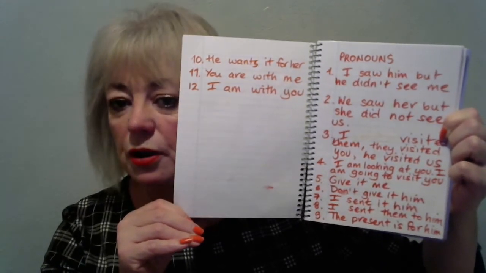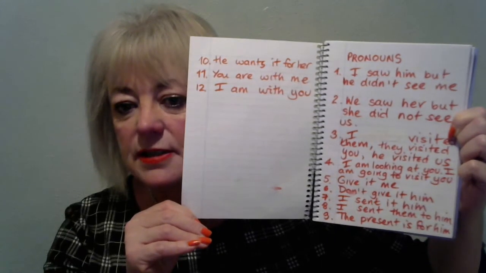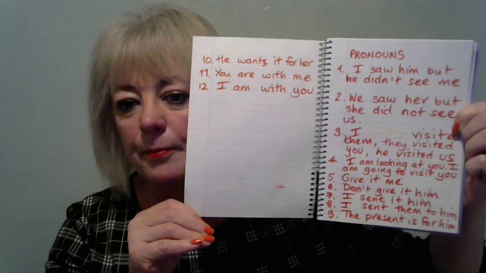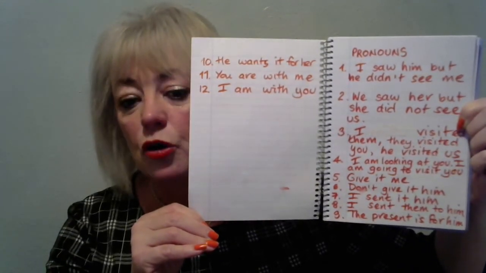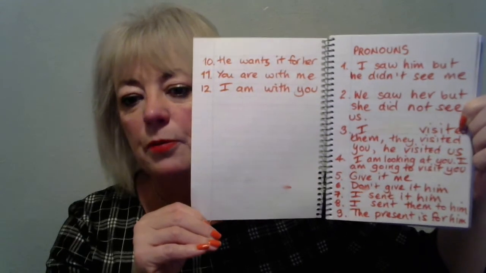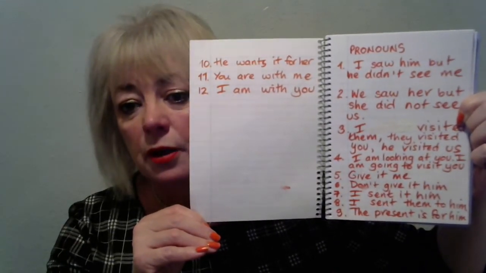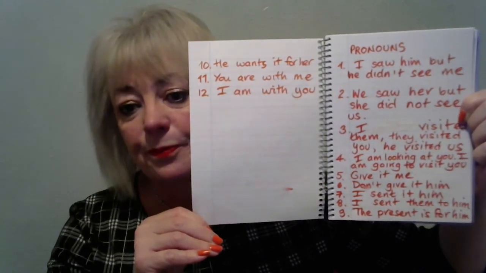Number 2, we saw her but she did not see us. Number 3, I visited them, they visited you, he visited us. Number 4, I am looking at you, I am going to visit you.